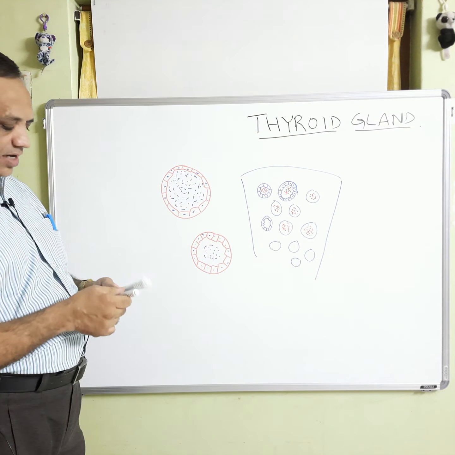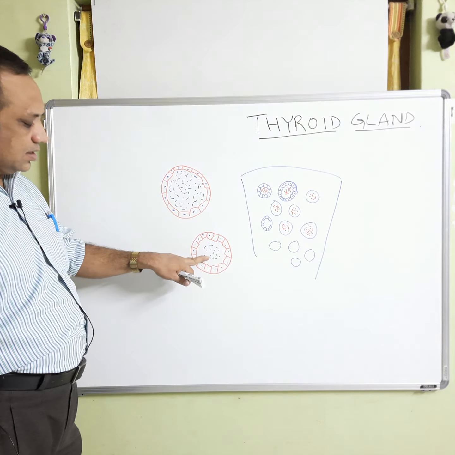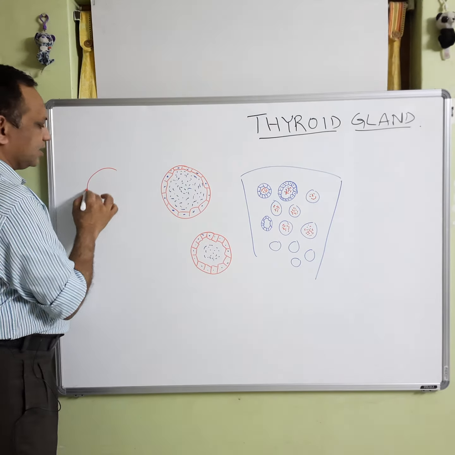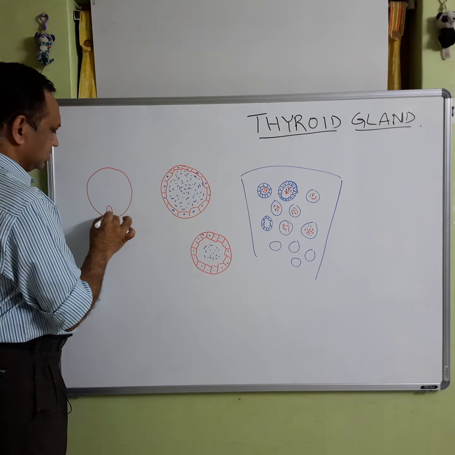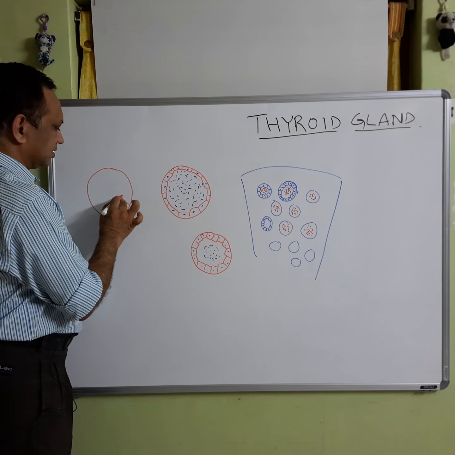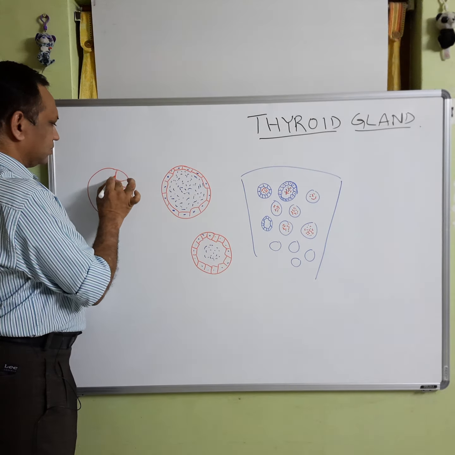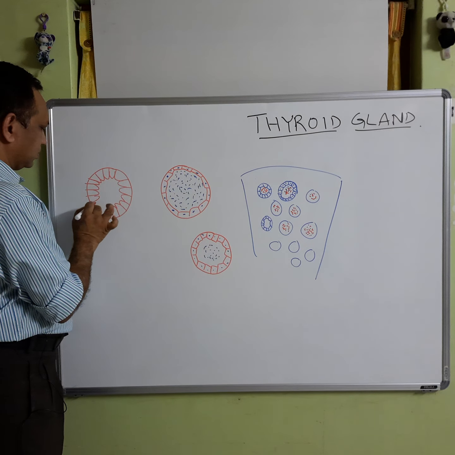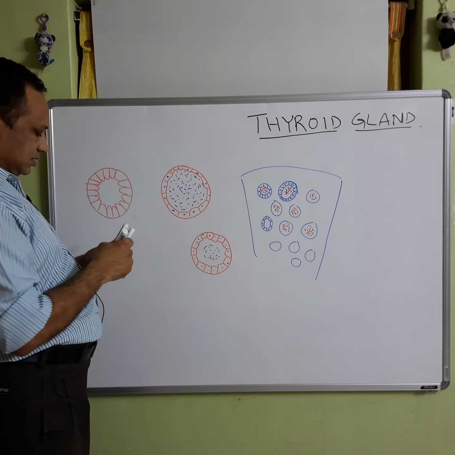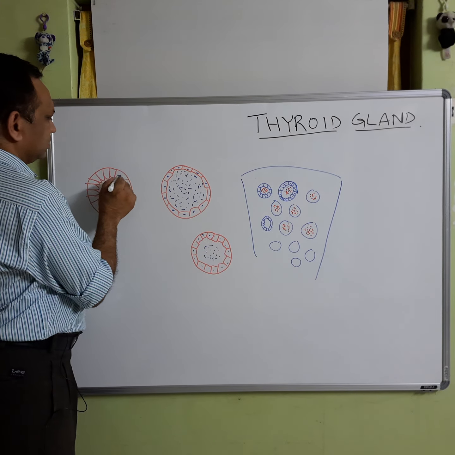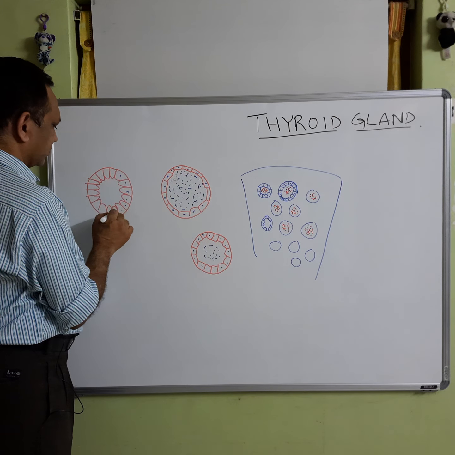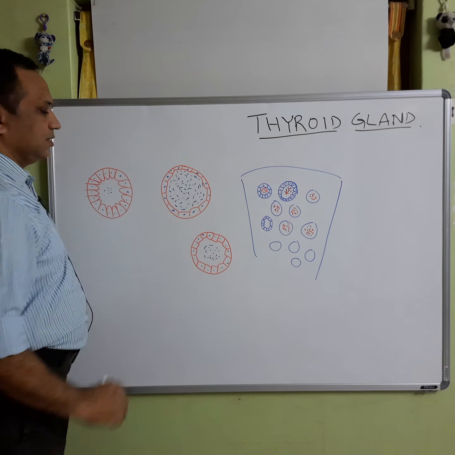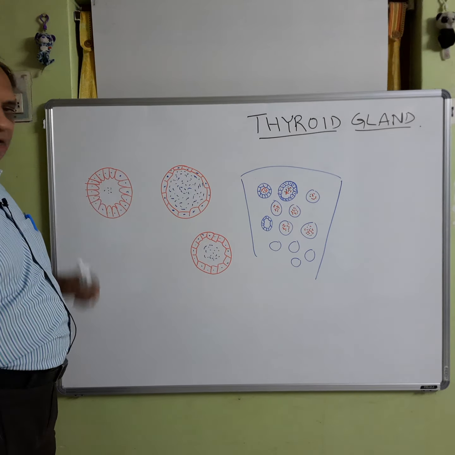The very active follicle, almost the lumen is empty, and these cells are columnar, which secrete. They become columnar like this, and nuclei are round, and very scanty colloid is present in the lumen.